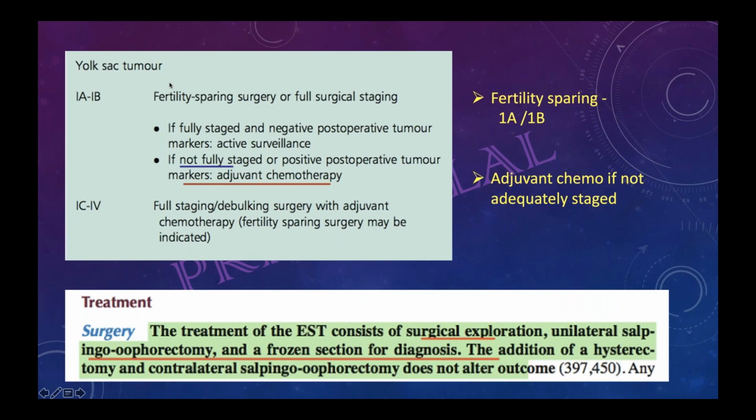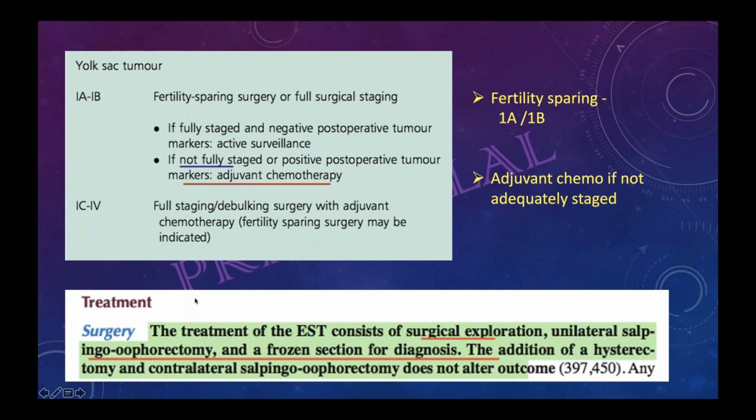Now again, coming to the treatment options: fertility sparing can be done in stage 1 and 2. And if adequate surgery is not done, then only chemo is required. More than 1B, it is full staging or debulking.